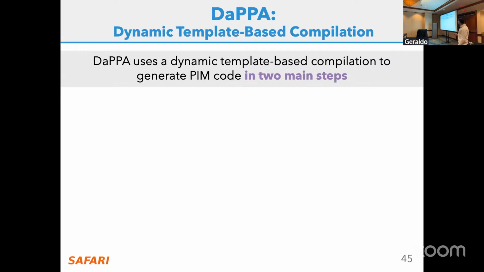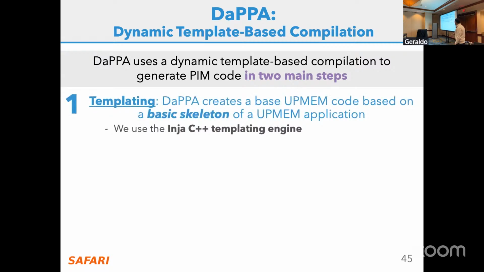Then the final thing that we need to do is compile that pipeline into the UPMEM code. We do that using 2 steps. We have a template engine that takes a UPMEM base template, extracts the information from the pipeline, and maps that information to the appropriate place inside the UPMEM code template.